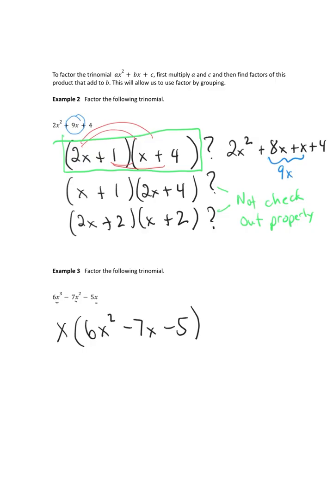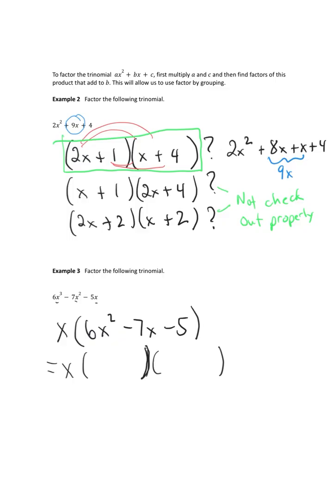All right, and the next step, you still have the x, but then we would want to try to figure out what's going in the parentheses for these two. This one's extra tricky because the 6x squared might be from 1 and 6, 6 and 1, 2 and 3, 3 and 2. So you see there's actually quite a few combinations. We're going to do our guess and check.